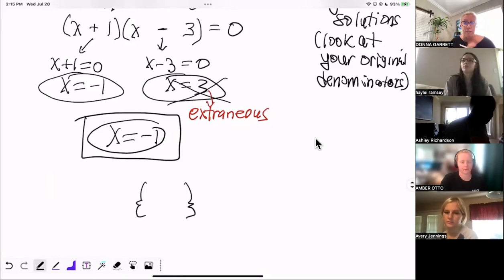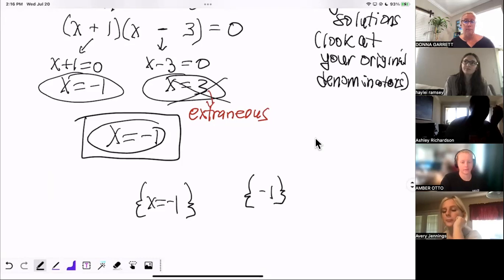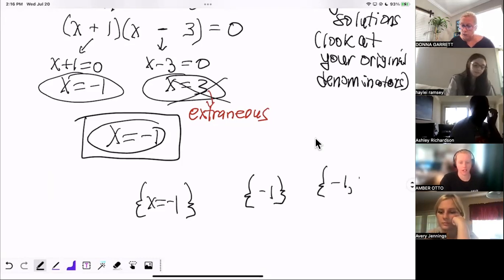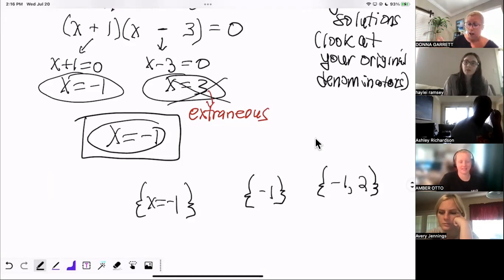And I can tell you half of you went x equals -1 and got all your answers marked wrong. So when you have the bracket, I forget the wording they give you. All they want is the answer in the bracket. That's it. If you have 2 answers, you do -1, 2, like that. And then you won't have them marked wrong. But oh my gosh, I saw 20s. I was like, oh, I've had a heart attack. The 20 wants to be in like an 80 something or the 30 wants to be in like a 90 something. After I went through and checked all your answers.